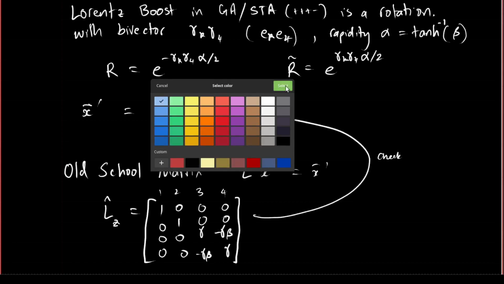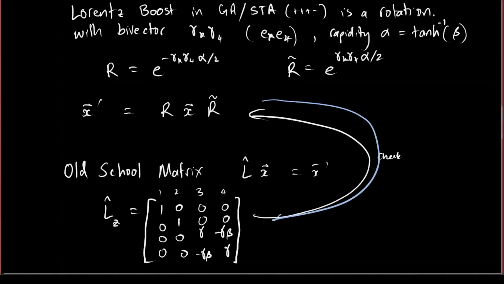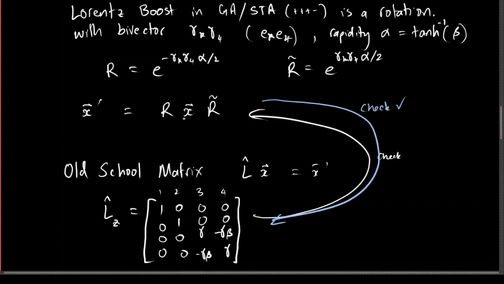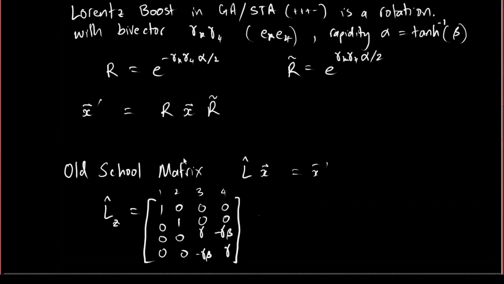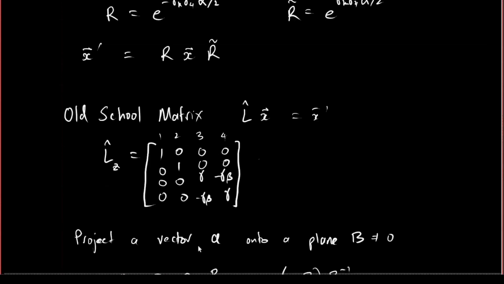I reckon I can use this to check this. Use the geometric algebra to check that your matrix is correct, because really the matrix is the clunkier way to go. So that's what we did today. Get used to using geometric algebra, and you'll end up using the geometric algebra to check all your clunky matrix code.